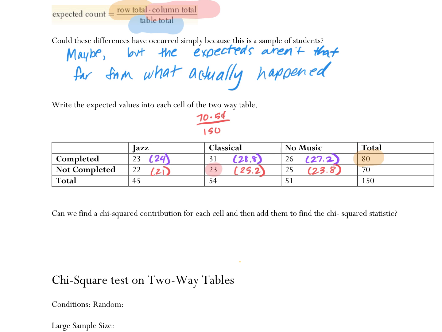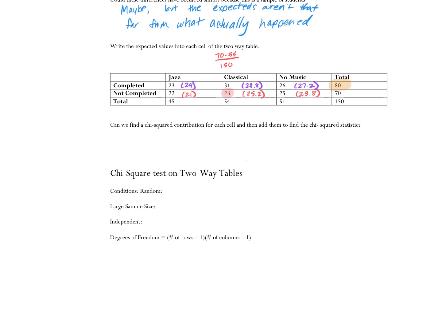All right. Now, and again, reminder, this is on your formula sheet. Chi-squared is equal to the sum of the observed minus the expected squared over the expected. Okay? So, do we have observed and expected for each cell? Yeah.